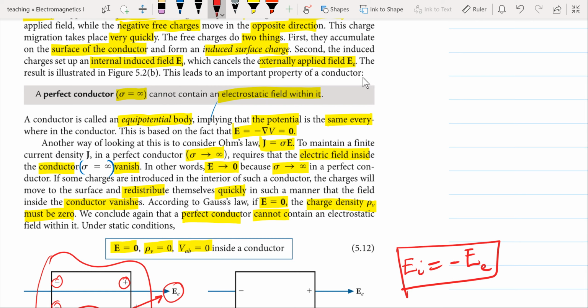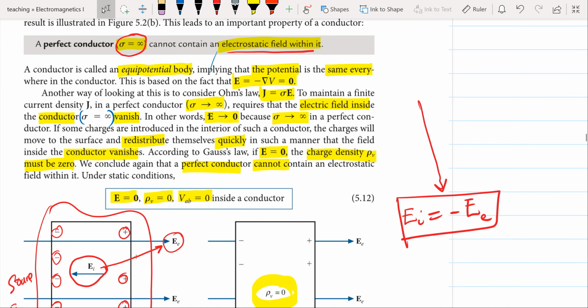When they cancel each other, then we say that a perfect conductor having conductivity approaching infinity cannot contain an electrostatic field within it, simply because the one that was external is cancelled out by the one that is induced by the surface charges that accumulate on the surfaces of the conductor.